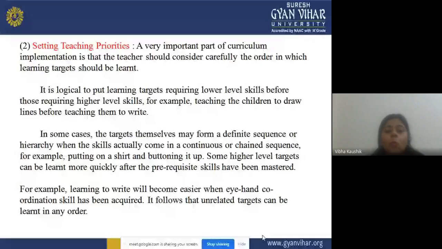Setting teaching priorities. Now, what are the different priorities that have to be set? A very important part of curriculum implementation is that teachers should consider carefully the order, the sequence, in which the learning targets should be learned by the learner.